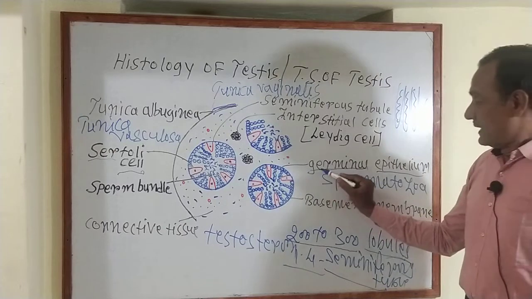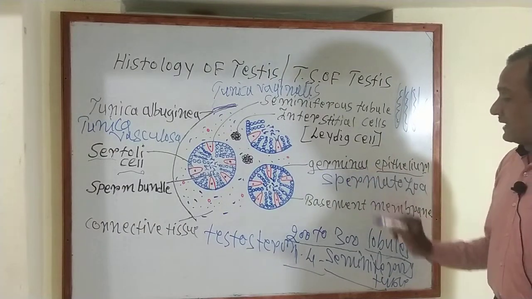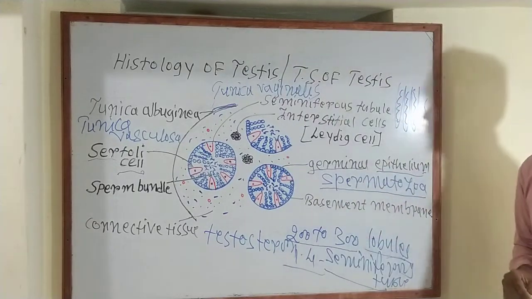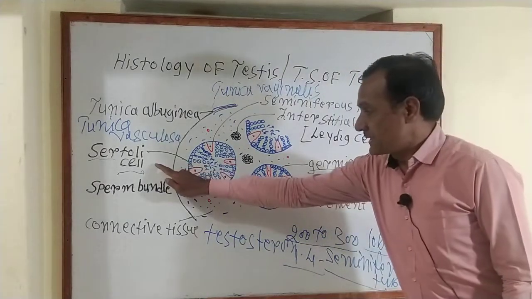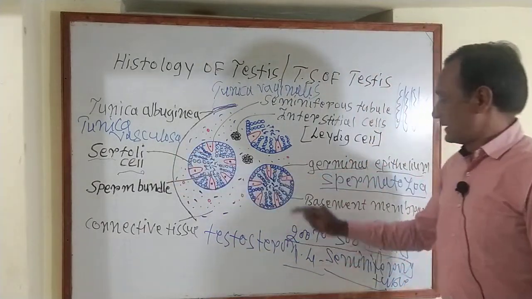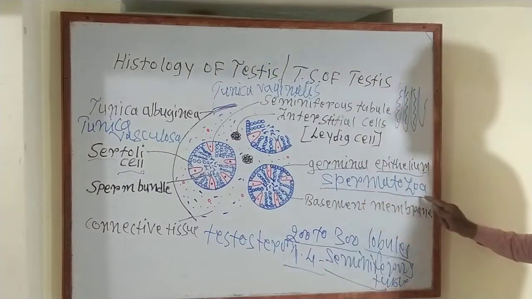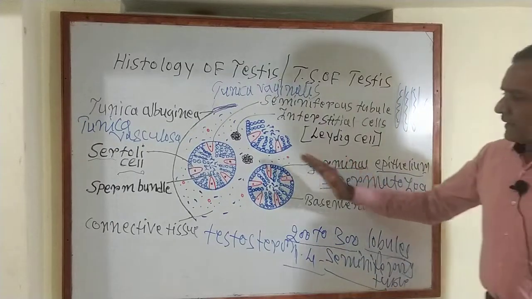Then these germinal epithelial cells undergo gametogenesis to form the spermatozoa. The Sertoli cells provide nourishment to the developing spermatozoa, or sperms.